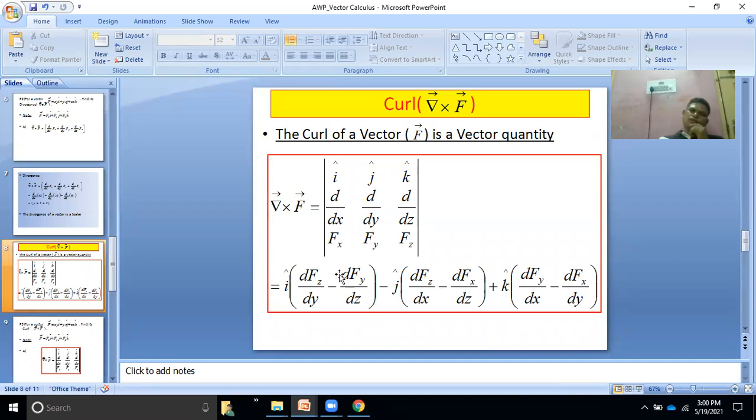This is simply finding the determinant of this matrix. If you solve this, you will get another vector. The curl of any vector is another vector.